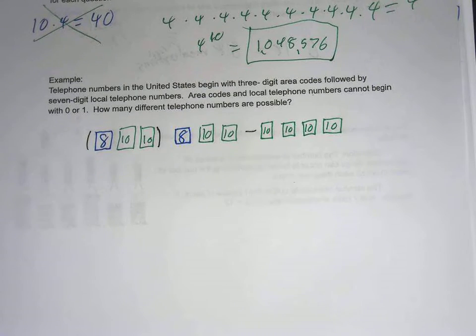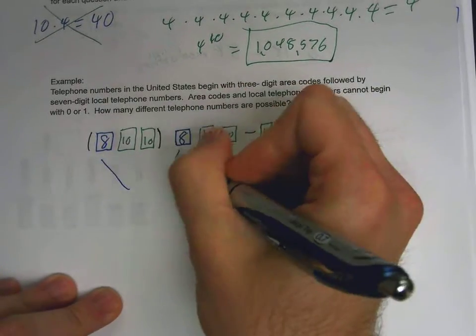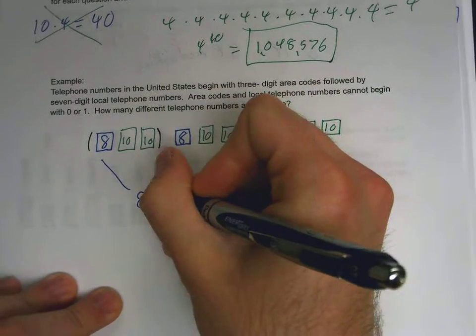What I suggest doing, something you can do so you don't have to type out 8 times 10 times 10 times 8 times 10 times 10 times 10 times 10 times 10 times 10, is combine these using exponents. You could take the 8s and make that 8 squared.